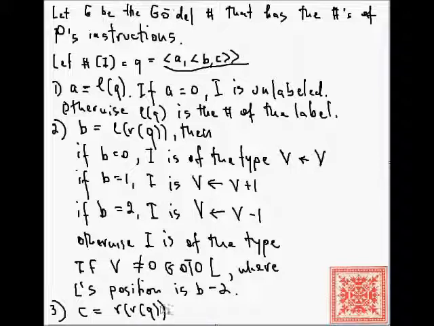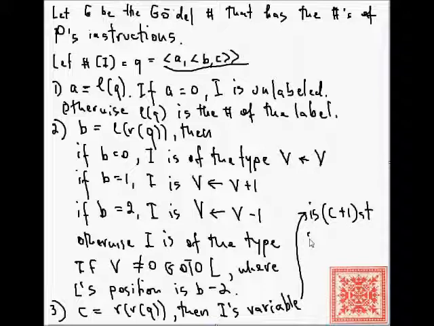So C is R of R of Q, right of I, right of Q, which is BC, and right of that gives us C. That C encodes the variable used in the instruction I, and the number of that variable is C plus 1, so it's the C plus first variable in the label ordering.